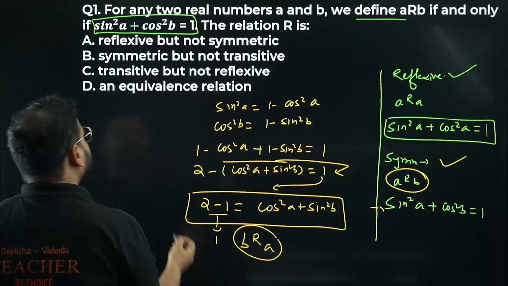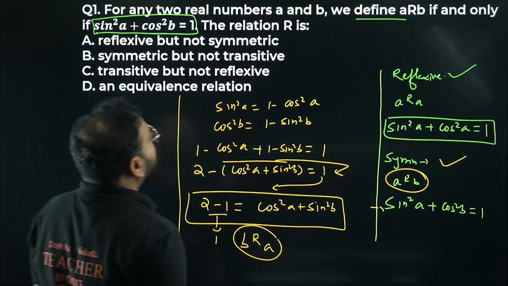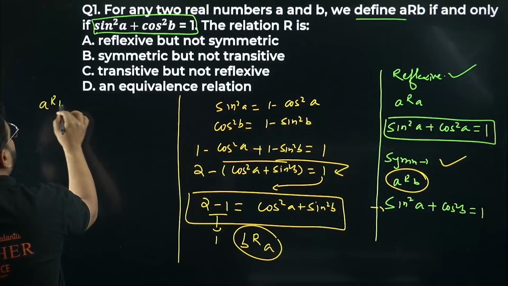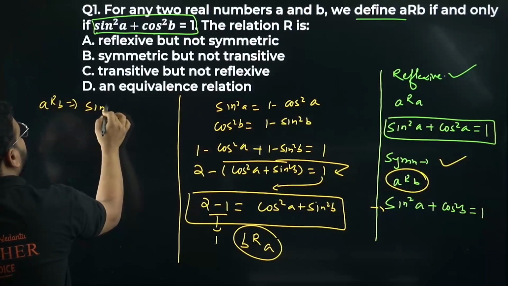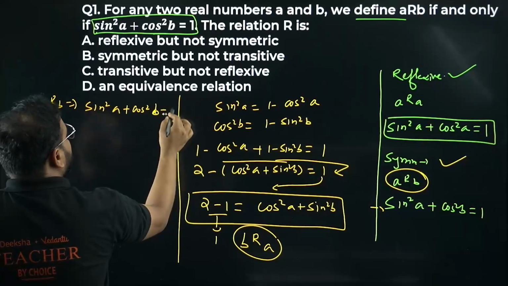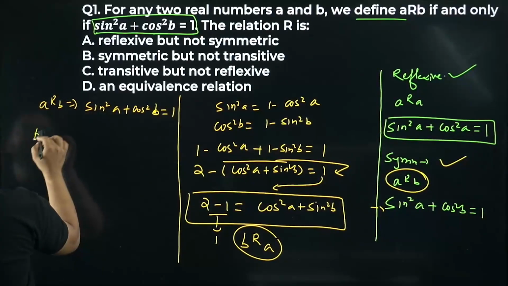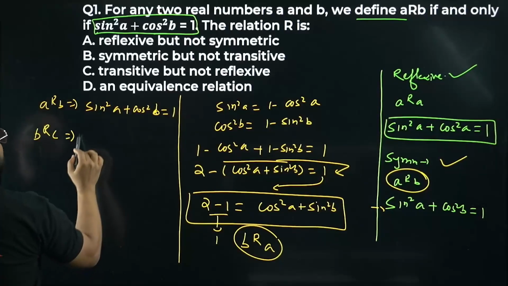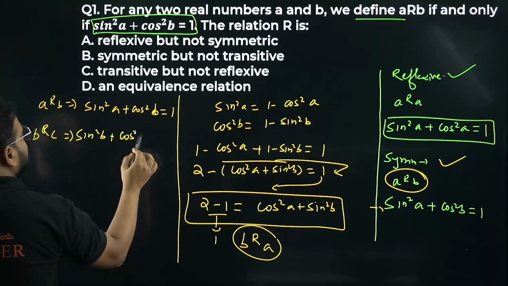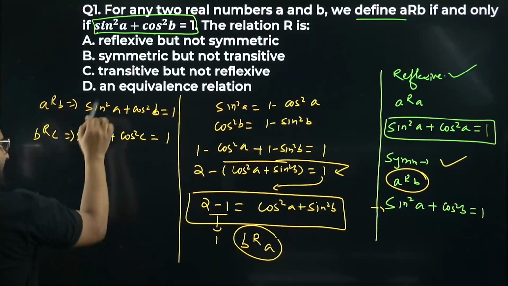Now let's look at transitive. We'll write first ARB: sin square A plus cos square B equals 1. Now write BRC: sin square B plus cos square C equals 1. Add both the equations.